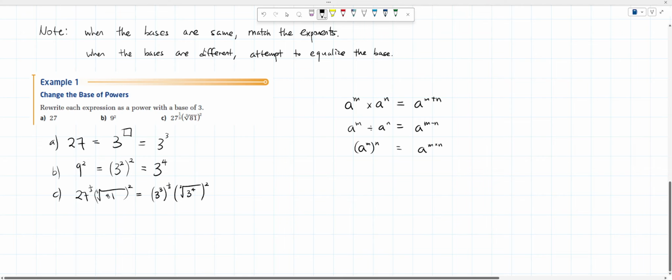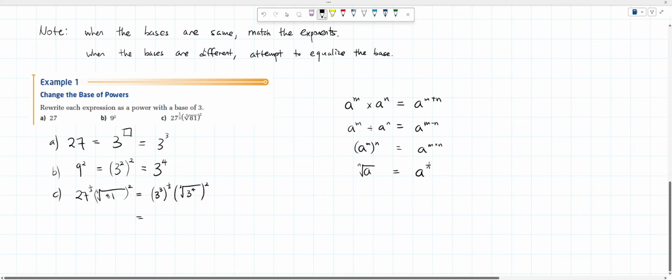Furthermore, one thing we know about a square root, cube root, or any radical is that we can rewrite it as a power of a rational number. The rule we learned is that the nth root of a can be rewritten as a to the power of 1 over n.